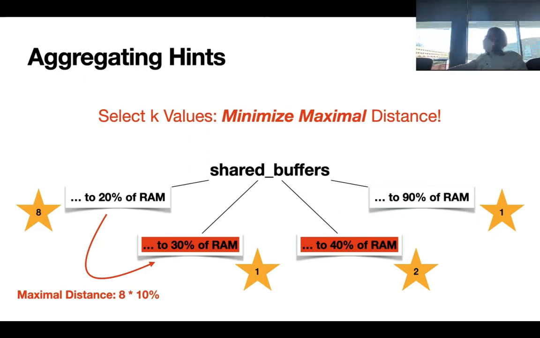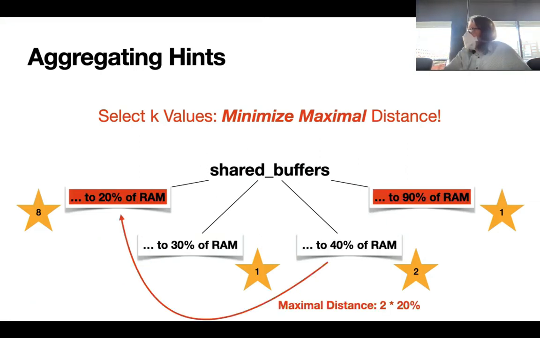So I'm essentially calculating the weighted distance. And here, from the 20% to the 30%, I have a distance of 10, but that is weighted by a factor 8 because I have assigned a weight of 8 to those 20%. So that is a high weight, meaning this is a really important hint. So this is the distance that I'm getting here: 8 times 10%, meaning 80%.